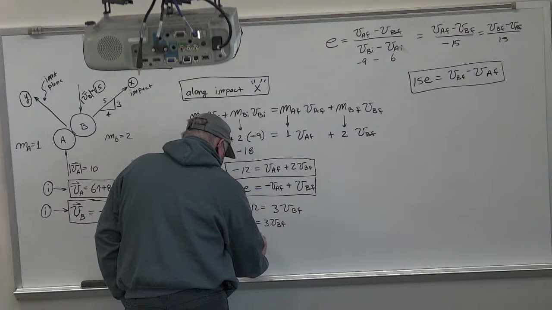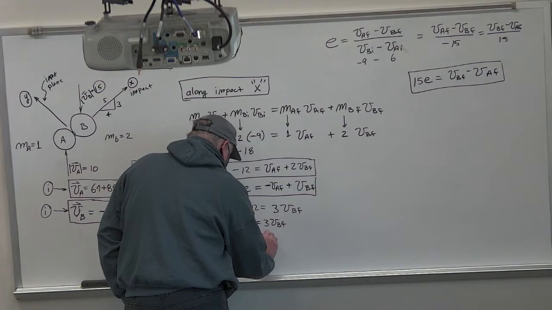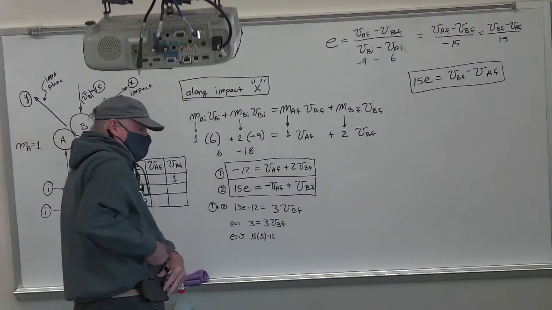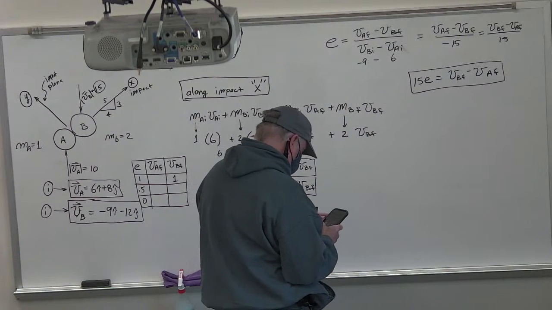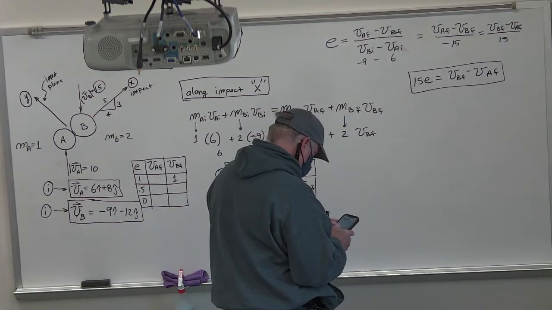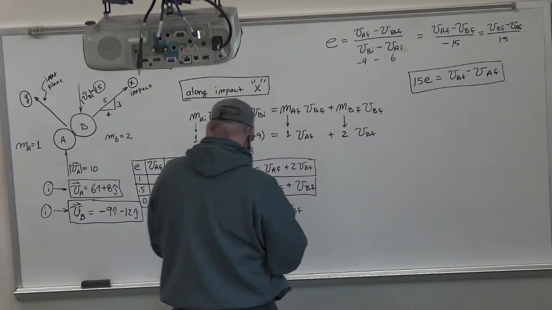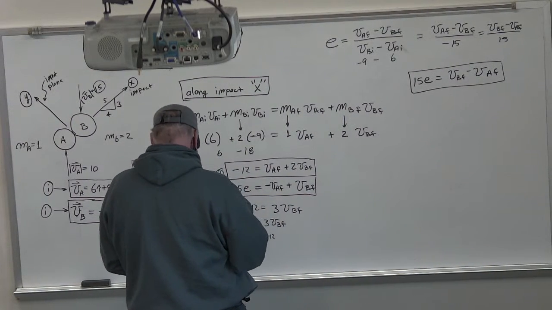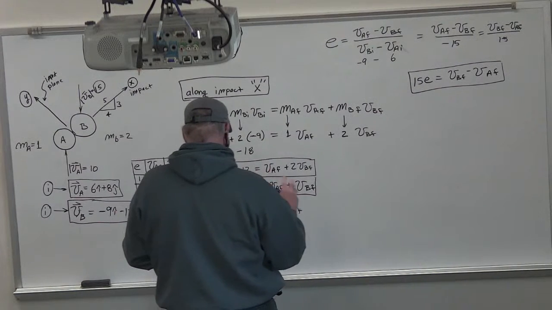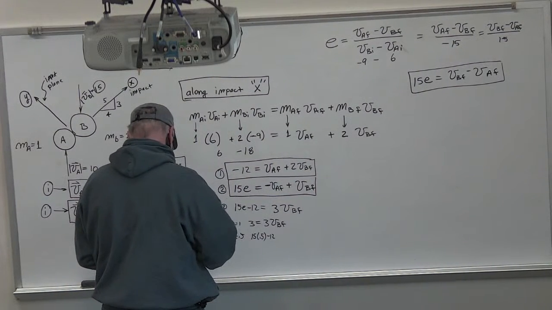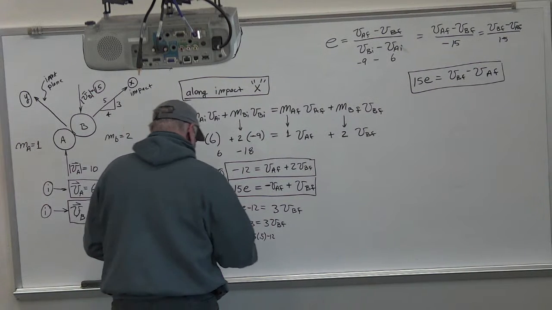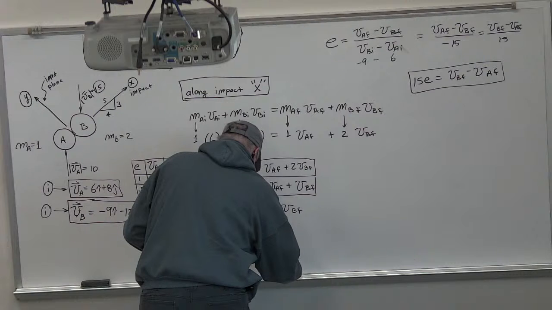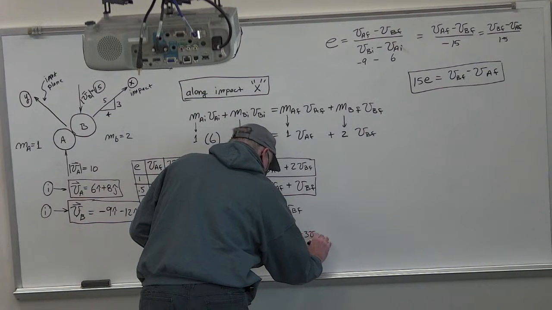you have to give me a second here. 7.5 minus that, but anyway, equals 3 VB final.